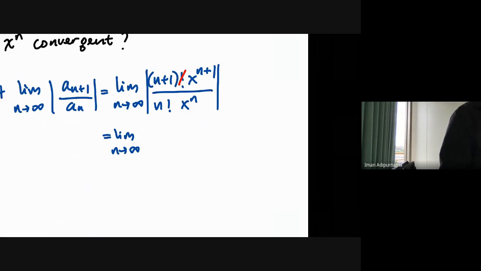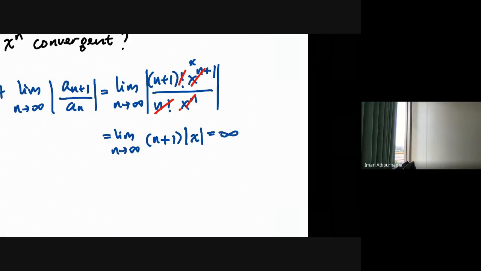So we can cancel the factorial, cancel this. So it will be just n plus 1, and then just x, right? And if we plug in the limit, it will be infinity.